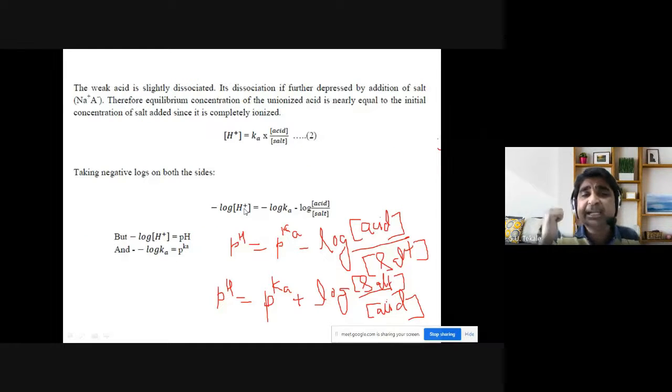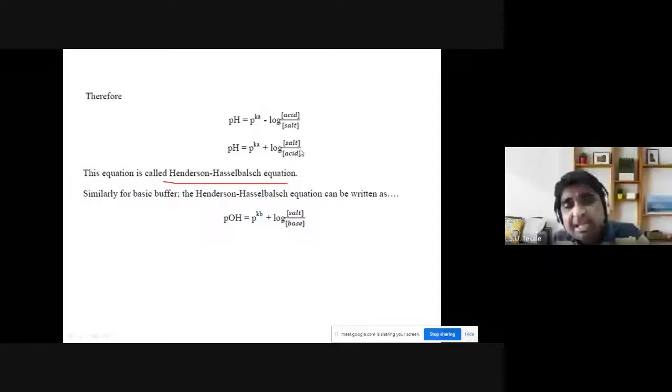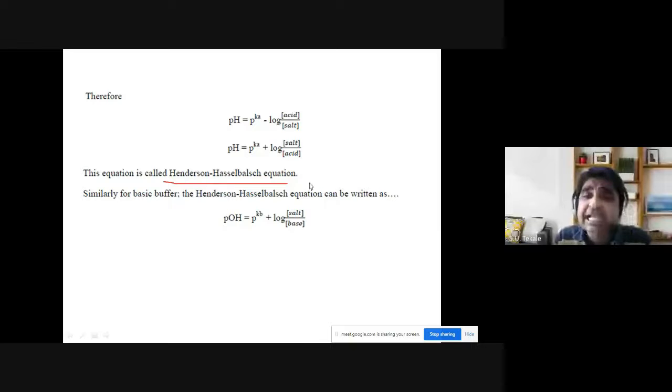If we apply negative log on both the sides, and if we look here, this term is pH, and this term is pKa, so it will be this in the next step. And in the last step we will take the inverse of this to remove this minus sign, so that we get this Henderson-Hasselbalch equation.